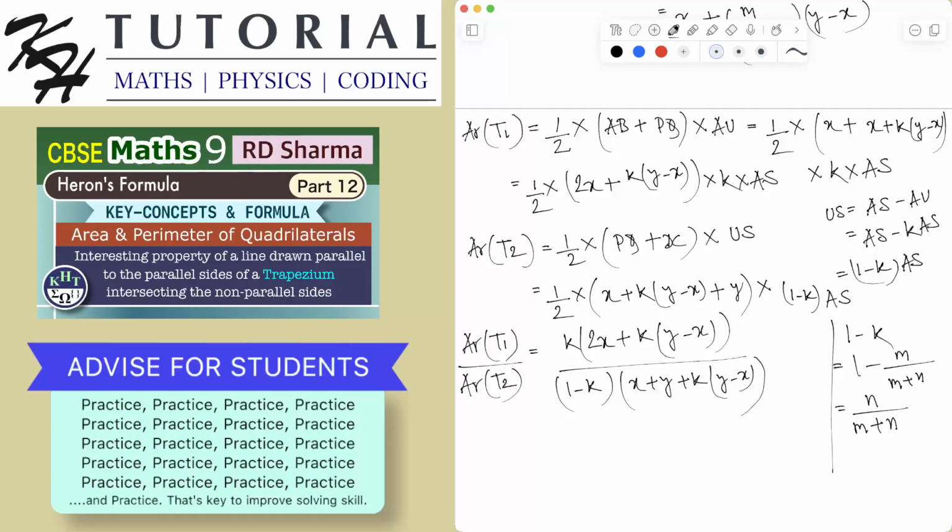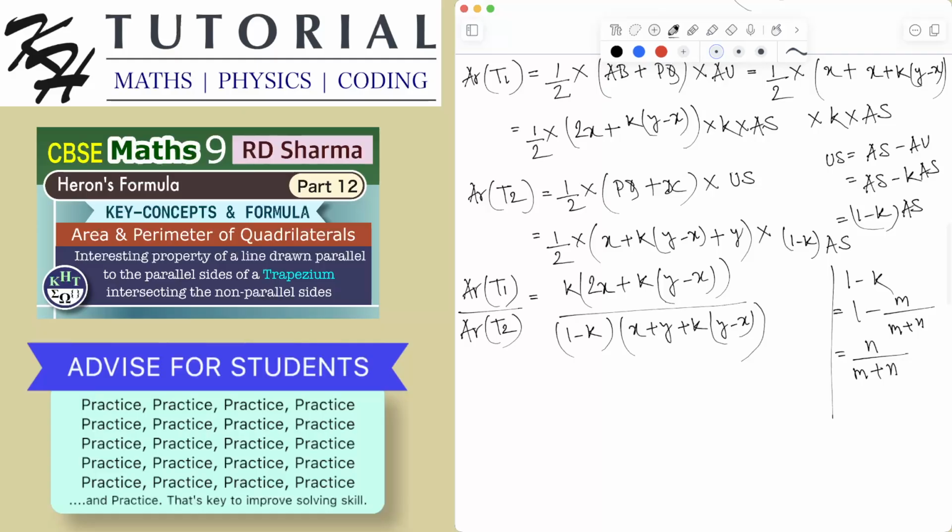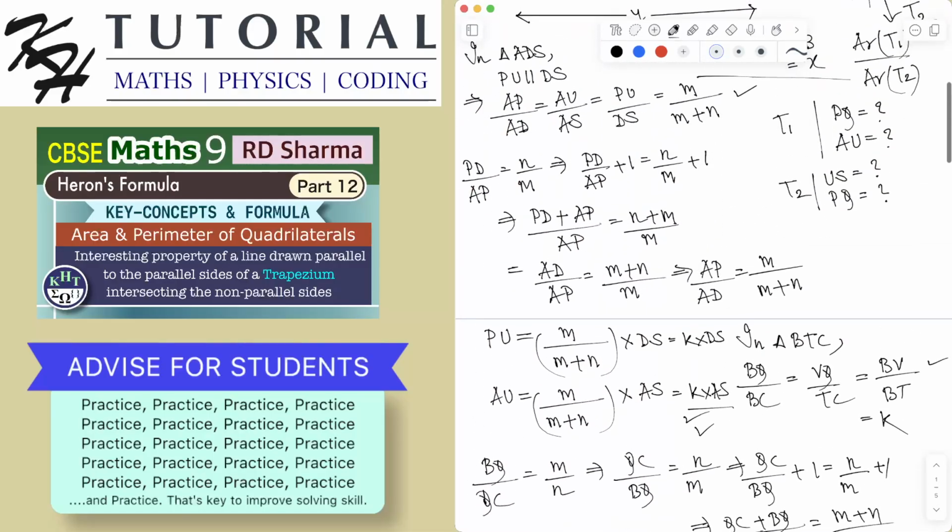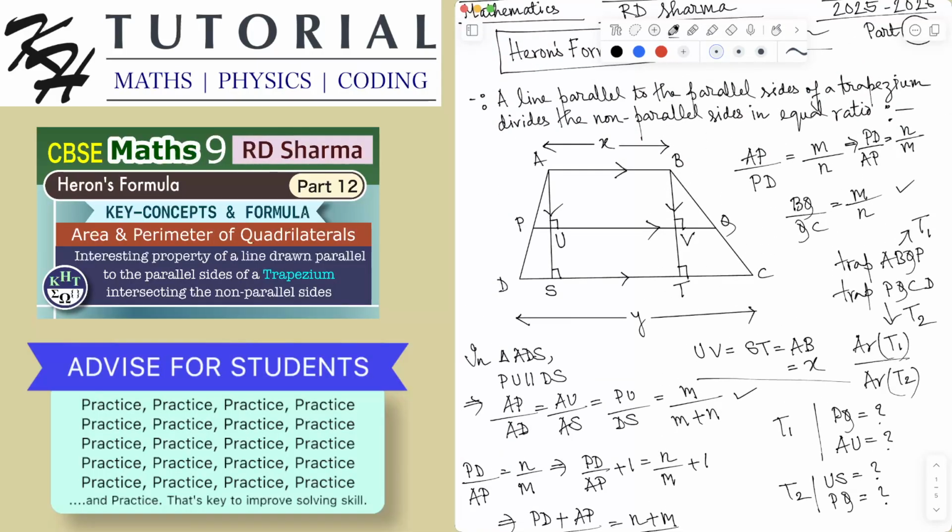Now we know k is actually m by m plus n. Now this ratio should be independent of x and y. The ratio of the trapeziums T1 and T2 should be in terms of m and n, because it all depends on in what ratio the parallel line PQ is dividing the non-parallel sides AD and BC.